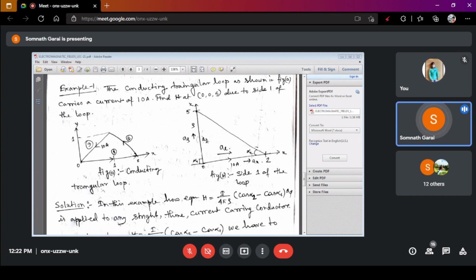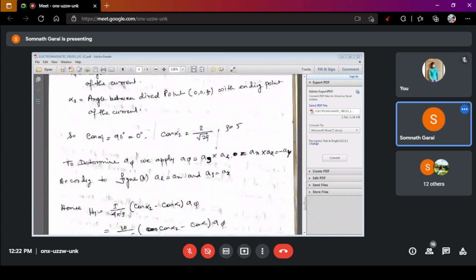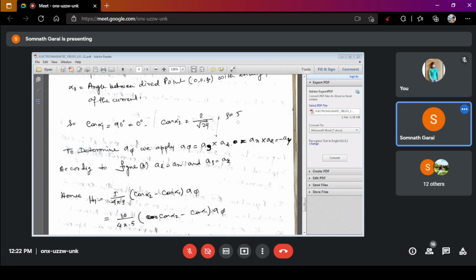Cos alpha 2 is base by hypotenuse, that is 2 by root 29. And the value of rho is already calculated, that is 5. So this gives alpha 1, alpha 2 and rho.